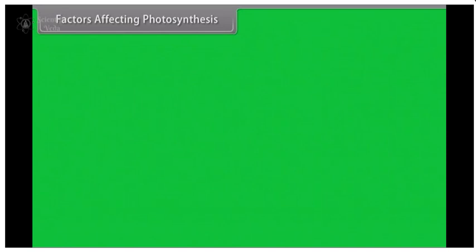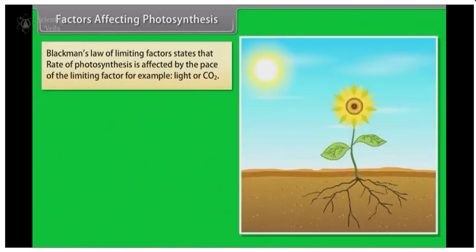Factors affecting photosynthesis. Blackman's law of limiting factors states that the rate of photosynthesis is affected by the pace of the limiting factor, for example, light or CO2. Light.